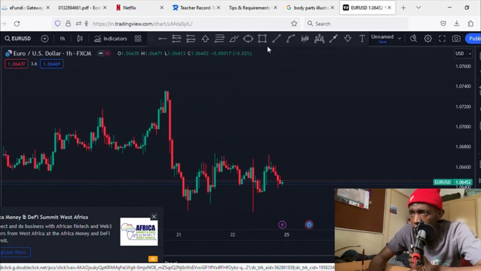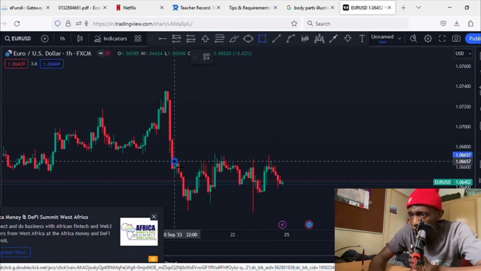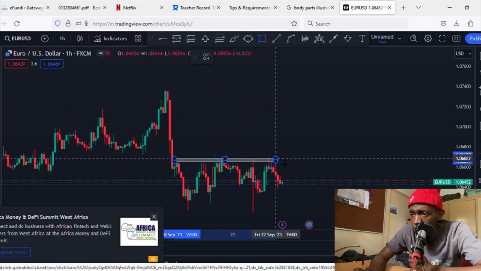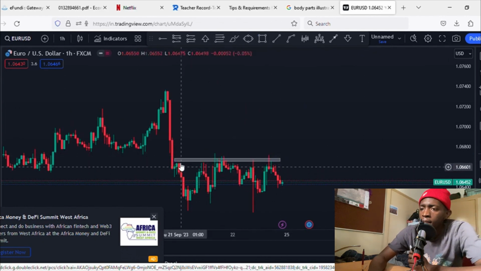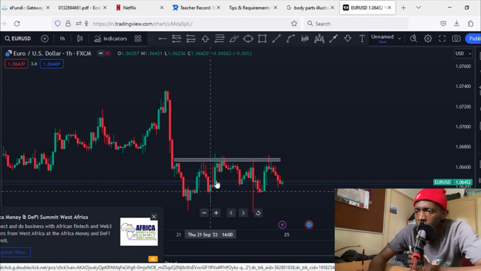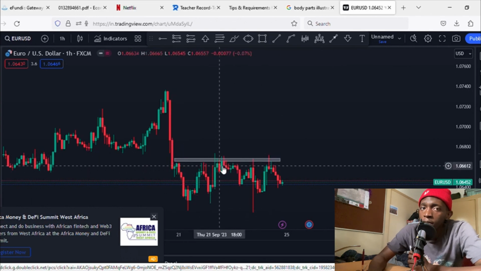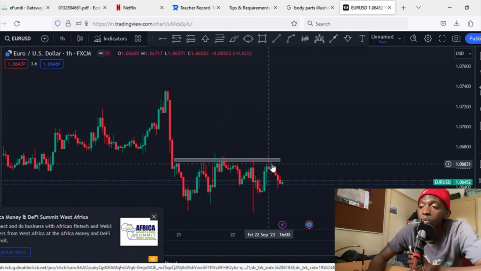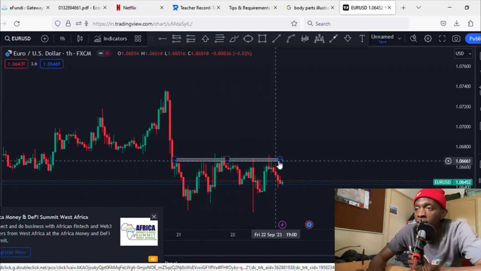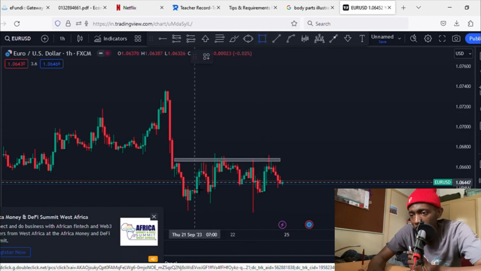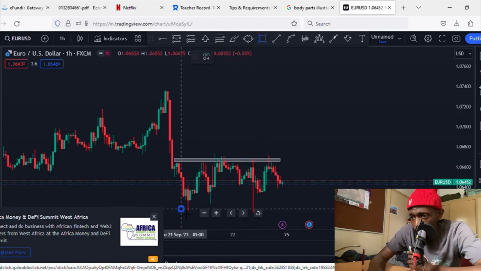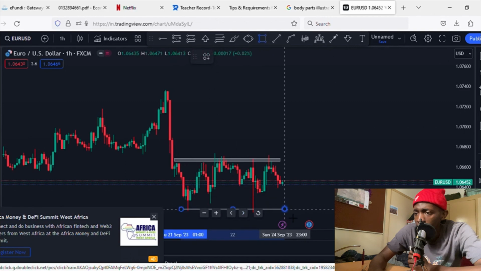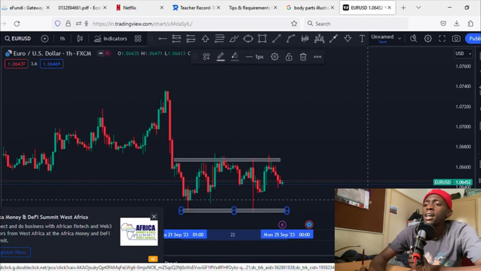So as you can see, we have this area here that we've been failing to break. So the market created this high here, came down, and then failed to break out of this structure, came down again, and then it failed for the third time to break out of this structure, meaning that the market is currently in a range between our low here and our previous high.